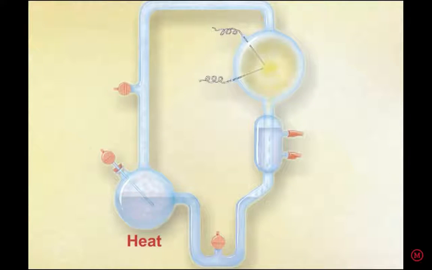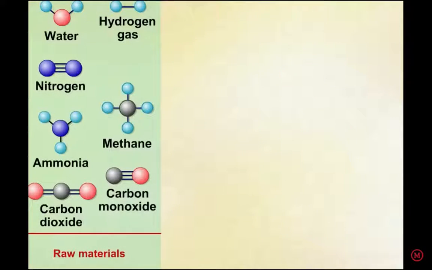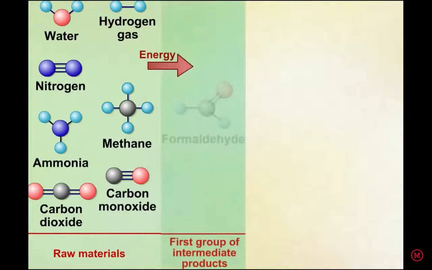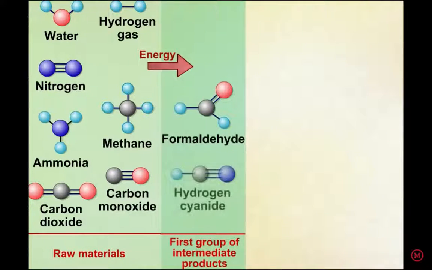The water was heated to form a vapor, and electrical sparks were generated to mimic lightning. This apparatus simulated the possible conditions of the early Earth. When the water was analyzed after 1 week, they found simple carbon compounds such as formaldehyde and hydrogen cyanide.